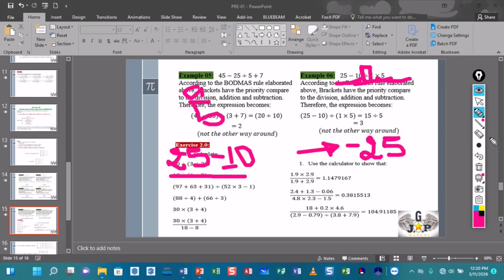divided by 1 times 5. I can rewrite it like this, and by this I can add the brackets to make it look simple.